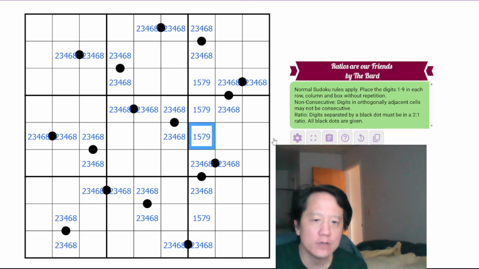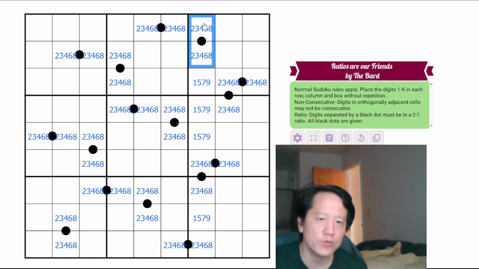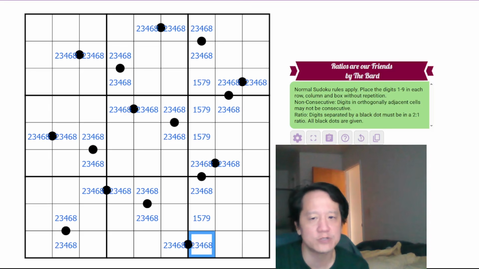Well, we know all of these digits are unique. One of them is going to be 4 with 3, or 4 with 2 or 8, and the other pair is going to have to be 3 and 6 in column 7. So this cannot be 4 here, and it cannot be 3 or 6.